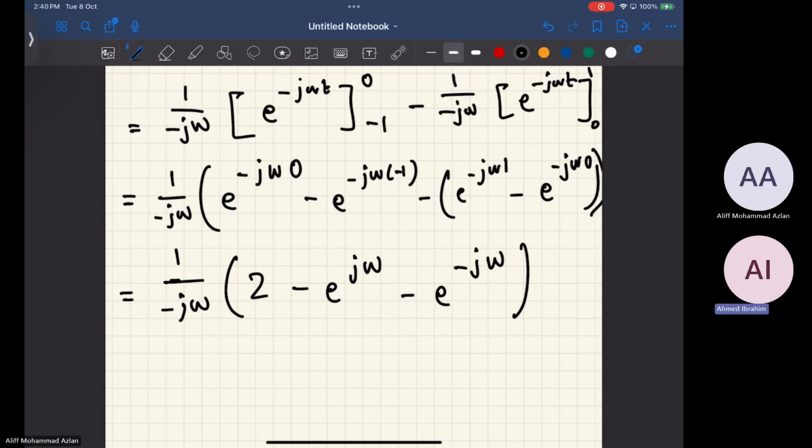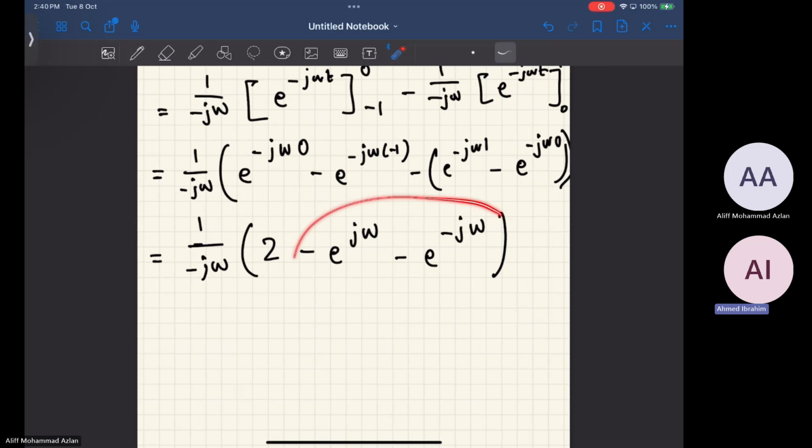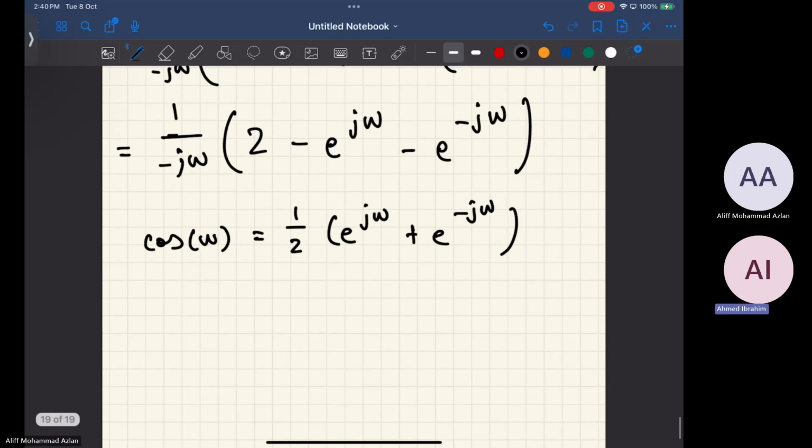Now you could leave it in this form as your final answer, but you could simplify it a bit more by noticing that this is similar to the cosine function. So we know that cos omega is equal to a half of e to the j omega plus e to the minus j omega. And similar thing for sine.